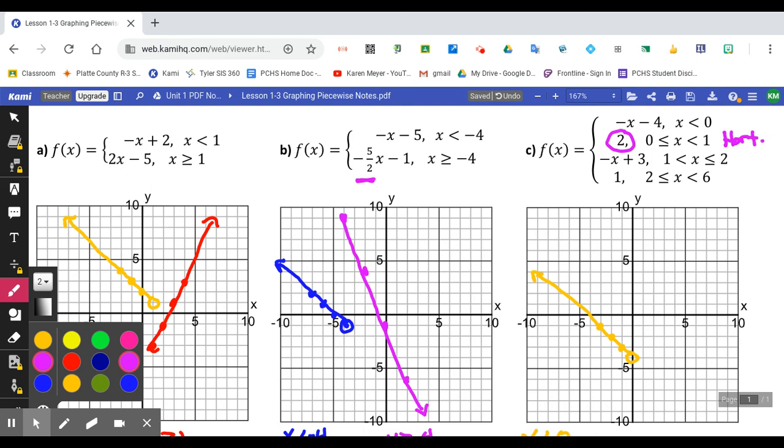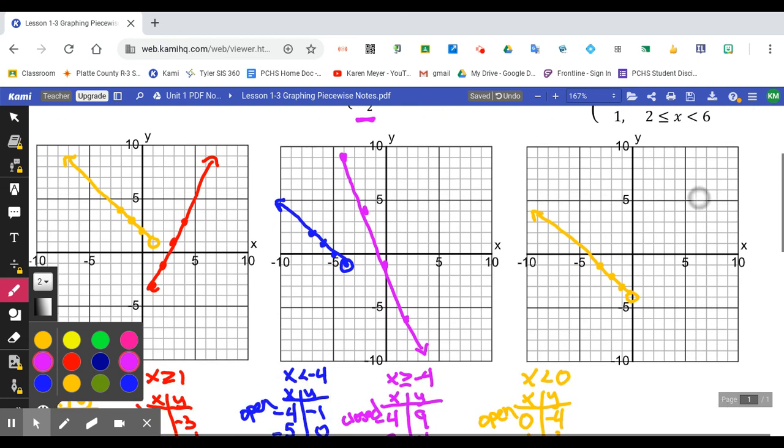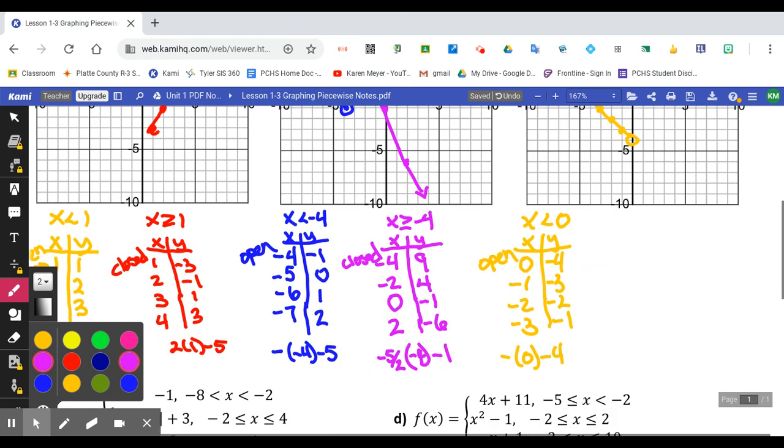So when I do my t-table, we're looking at 0 is less than or equal to x, which is less than 1. So I have to have 0 on my chart and 1 on my chart because those are the numbers in my restrictions. But since it's a horizontal line, it doesn't matter what the x number is. The y number is always going to be 2.